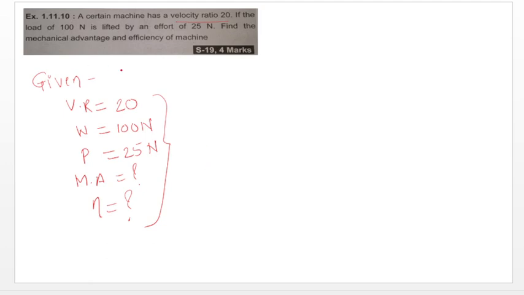Now, first of all, we want to find out what is the mechanical advantage. We know that the formula of mechanical advantage is load to be lifted divided by effort required to lift the load, which is equal to, obviously load is given 100 Newton, divided by effort which is also given, that is 25, then answer is 4.